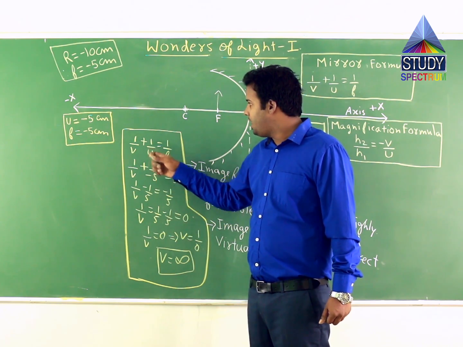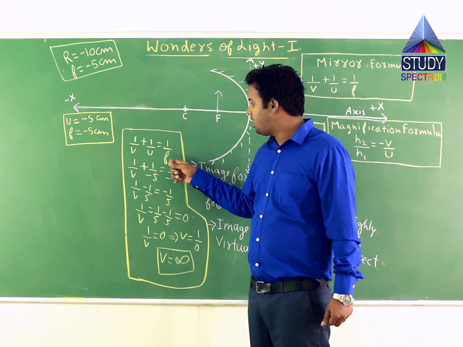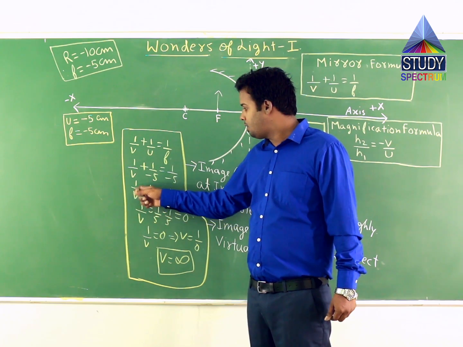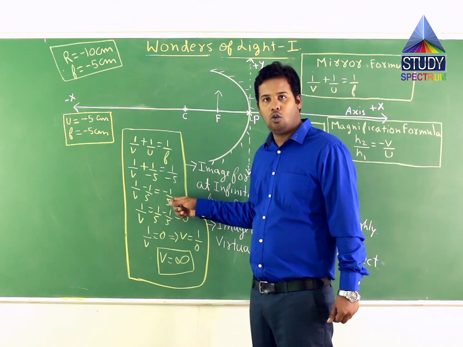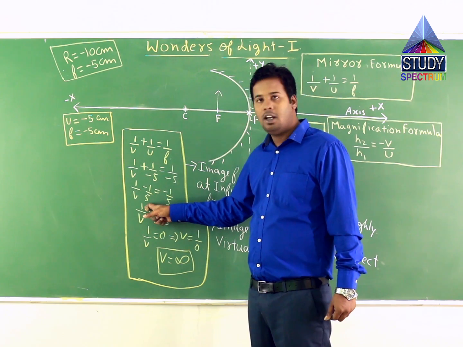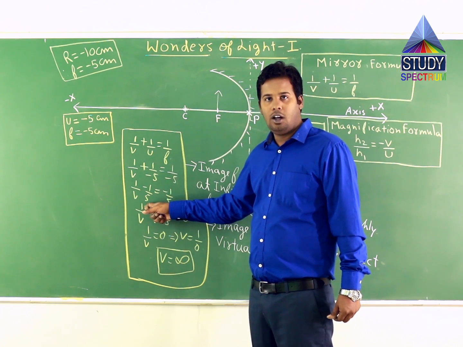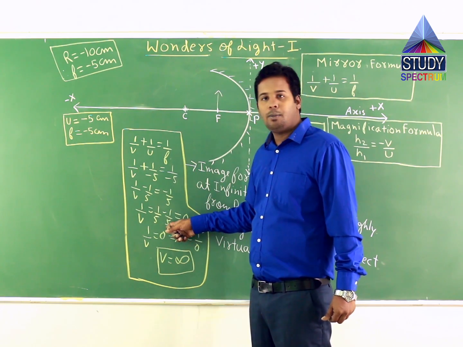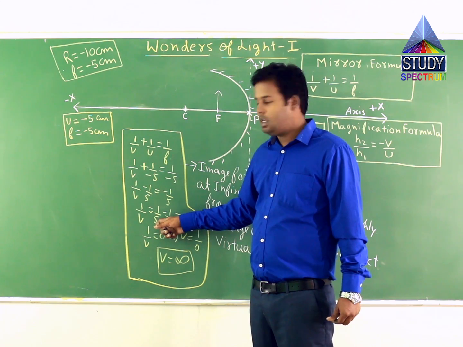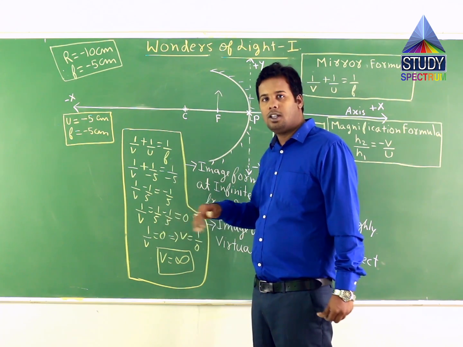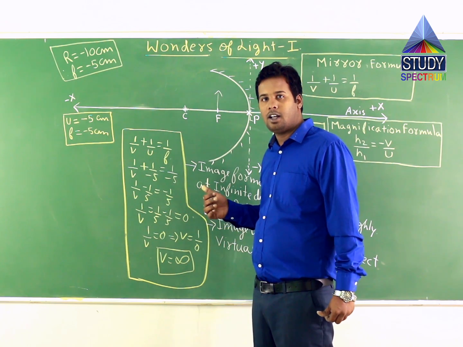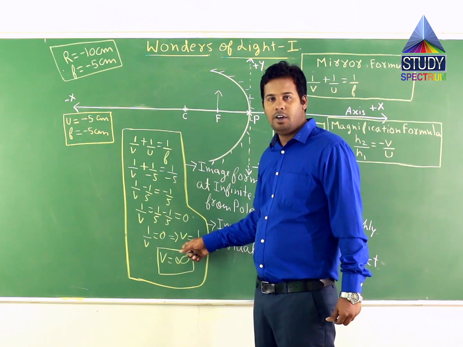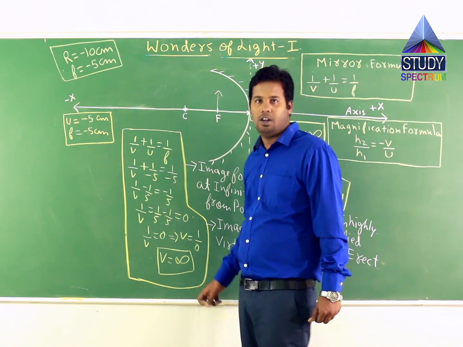When you substitute -5 and -5 as the value of u and f, this equation becomes 1 by v minus 1 by 5 is equal to -1 by 5, and as you take this -1 by 5 from the left hand side to right hand side, it becomes positive. So same number gets subtracted from the same number. It means 1 by 5 minus 1 by 5, because there is already -1 by 5 on the right hand side due to focal length. So it becomes 0. So 1 by v is equal to 0 implies v is equal to 1 by 0, which means v is equal to infinity.